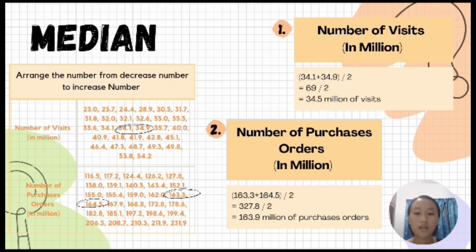So I sum these numbers and divide by 2. So the median for conversion, the number of purchase orders, is 163.9 million purchase orders.